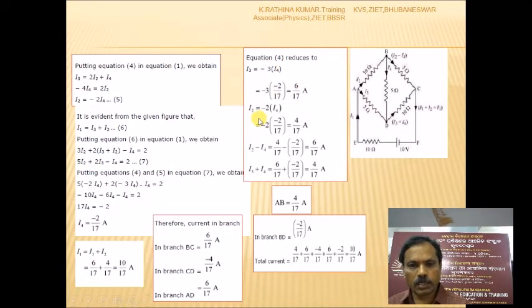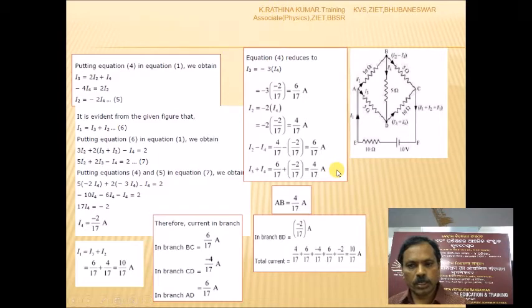So I2 is equal to 2 into I4, and with minus 2 by 17 substituted, you are getting 4 by 17. I2 minus I4, on substitution, we will be getting 6 by 17 A. Then I3 plus I4 is equal to 6 by 17 plus minus 2 by 17, that is 4 by 17 ampere.